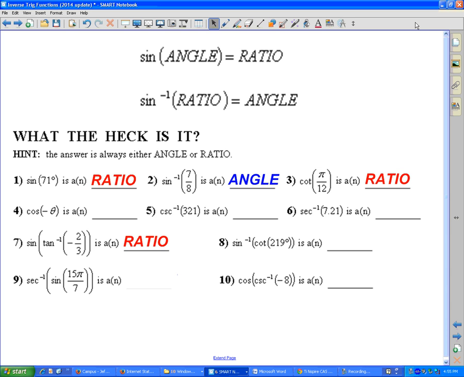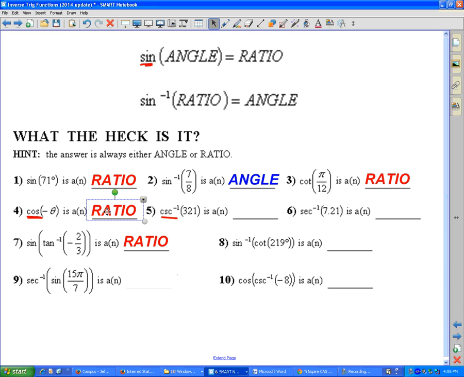Number 4, the cosine of a negative theta. I would focus more on the fact that cosine is a standard trig function, and standard trig functions are only allowed to take angles and turn them into ratios, whereas inverse trig functions, like inverse cosecant here, are only allowed to take ratios and turn them into angles.